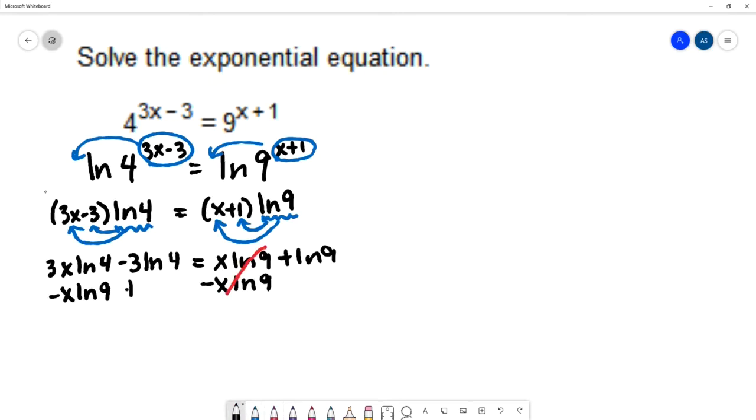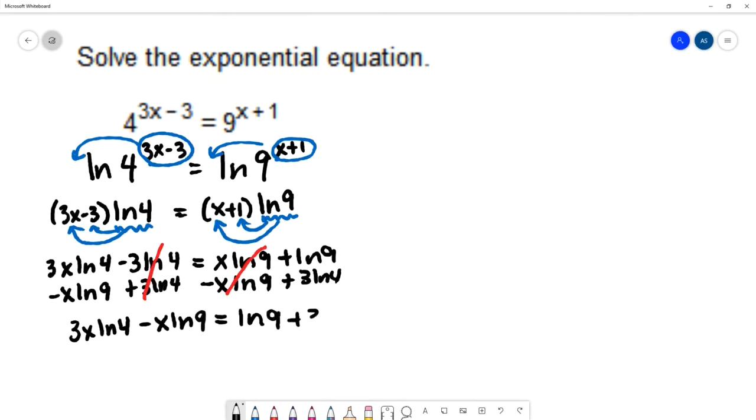And I'm going to add 3 natural log of 4 so that I can have the terms without x on the right-hand side. So that's going to give 3x natural log of 4 minus x natural log of 9 equals natural log of 9 plus 3 natural log of 4.